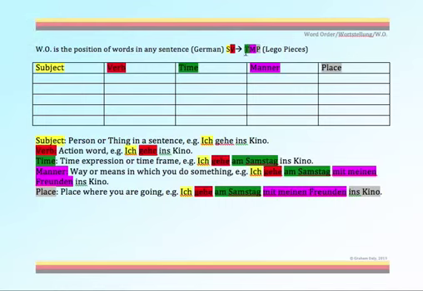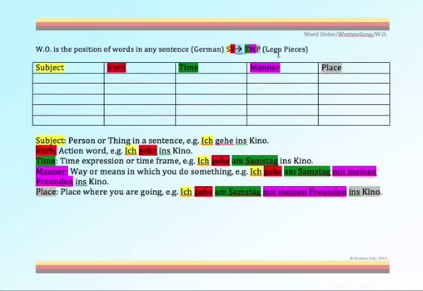I have an arrow here because after the subject and verb, the sentence must be put together in the following way. Time is the first piece, then manner is the second piece, then place is the third piece. So you can't have a sentence with subject and verb, then the purple piece, then the grey piece, then the green piece.